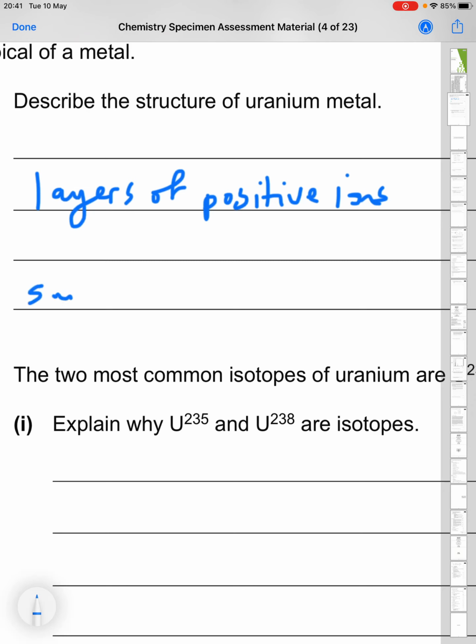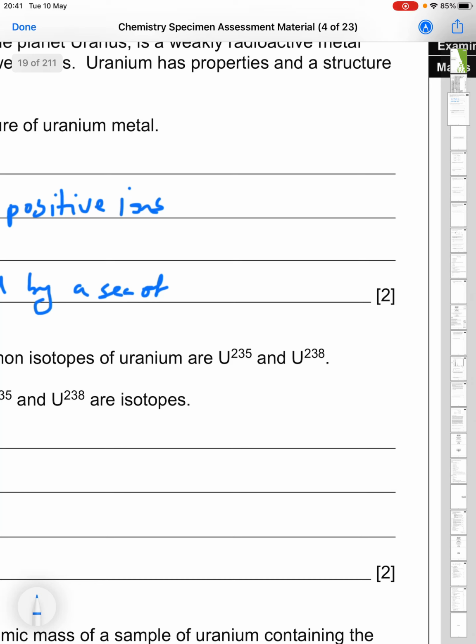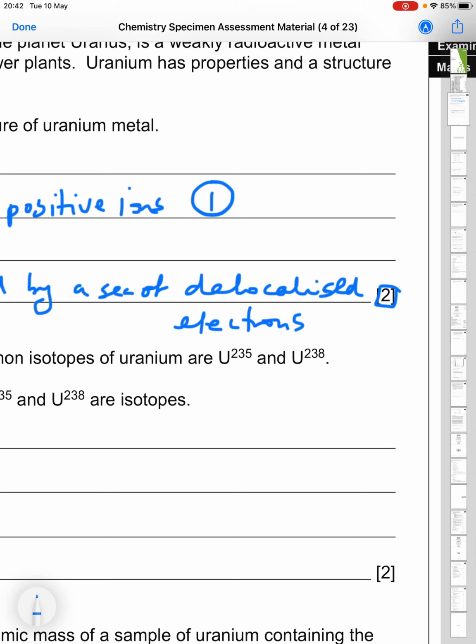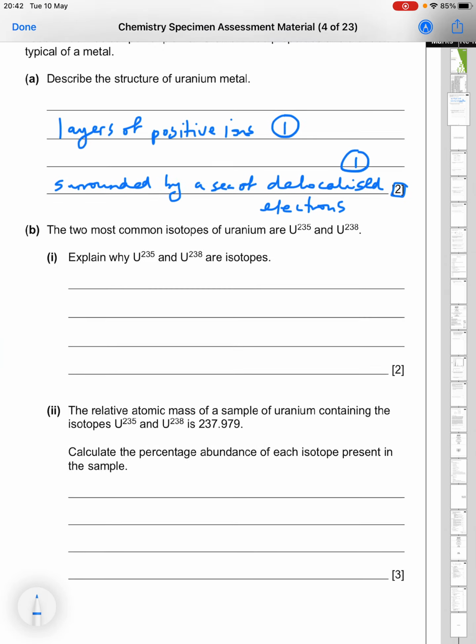And then the other thing is then that they're surrounded by a sea of delocalized electrons. You see there are 2 marks for this, so 1 for the positive ions and 1 for the sea of delocalized electrons.